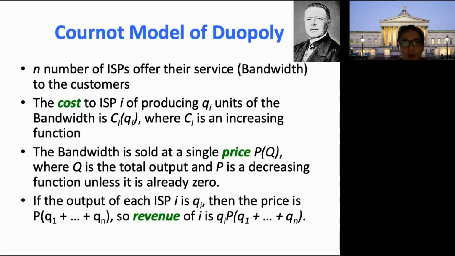But for the moment, we're just thinking that you have multiple firms indexed by i, and each of them produces a quantity of their product, and there's a cost. So n is the number of these ISPs.